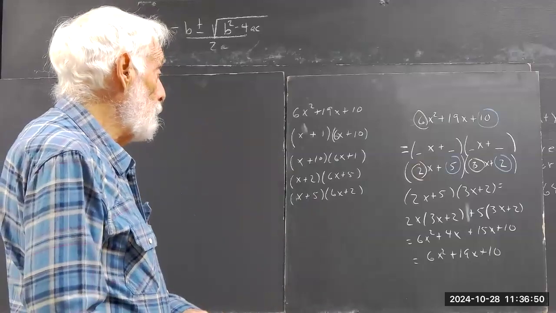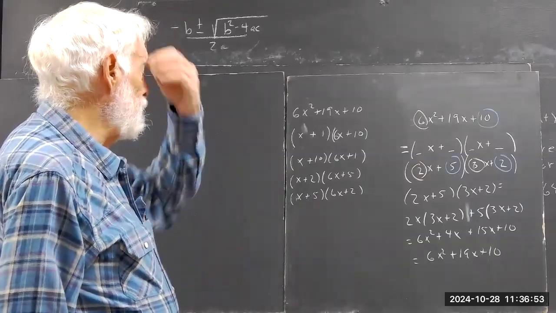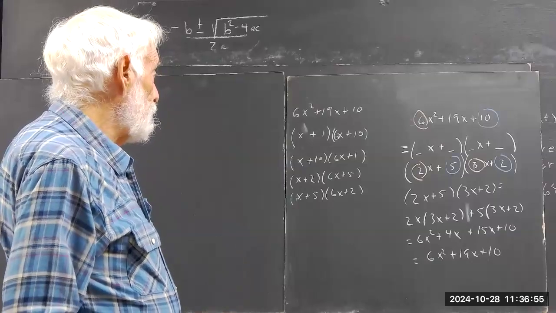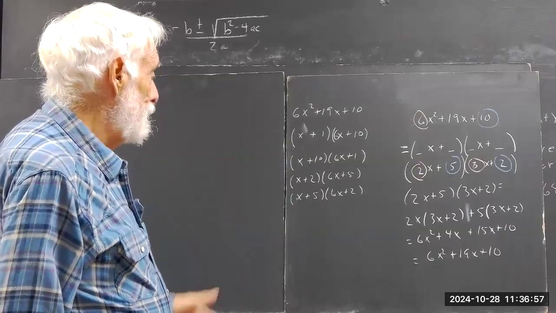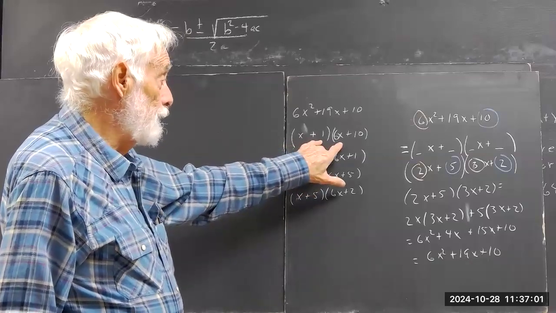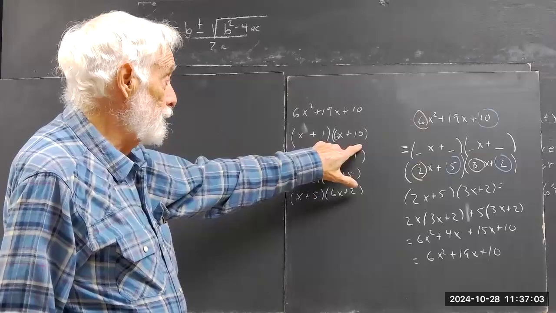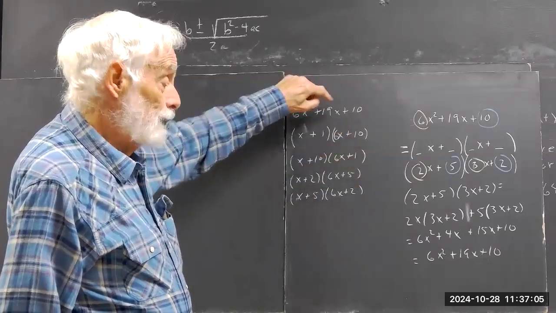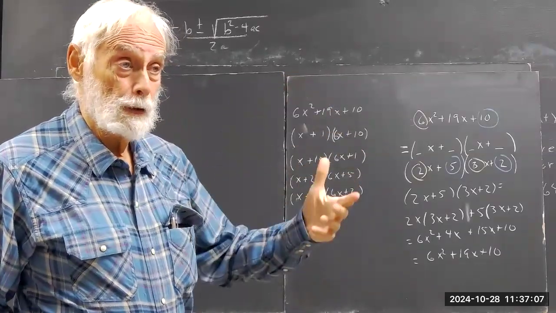When I look at these though, I can tell pretty quickly that this one comes fairly close to working. I get a 6x here, and x times 10 is a 10x, that's 16x. That's kind of close to 19x. I'm not that far off.